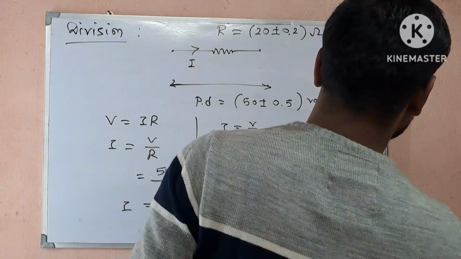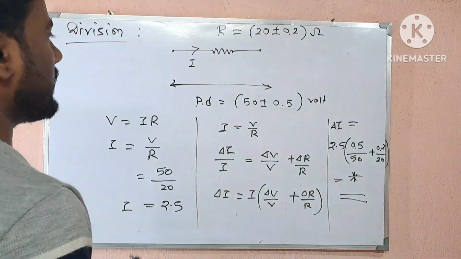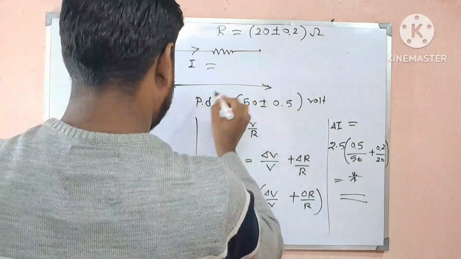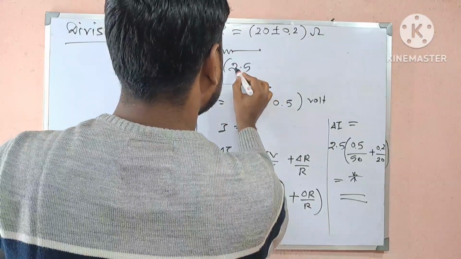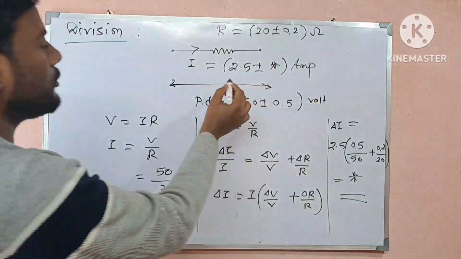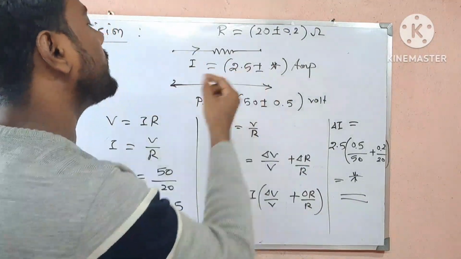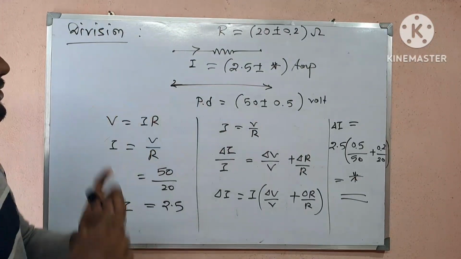So let's say after calculation the value is star. So the answer will be current flowing through this wire is basically 2.5 plus minus star ampere, where 2.5 is the actual value of current flowing through the wire and star is basically the error in the calculation of current.